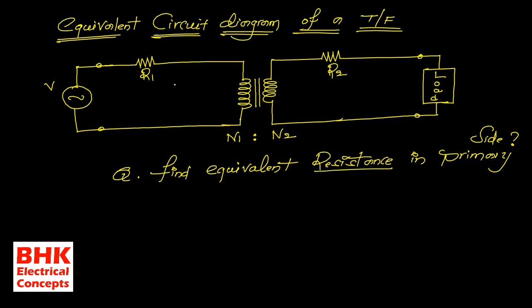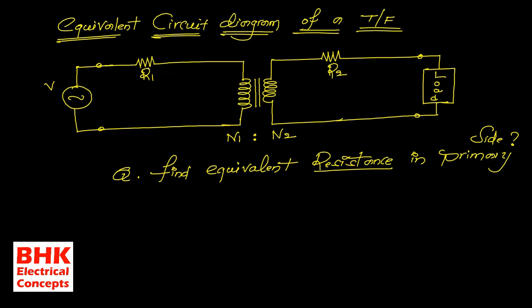Okay, it means we need to find the equivalent resistance for this particular transformer equivalent circuit, in the primary side. So if the question is the calculation of equivalent resistance in the primary side, what we need to do is transfer the value of R2 from the secondary side to the primary side.